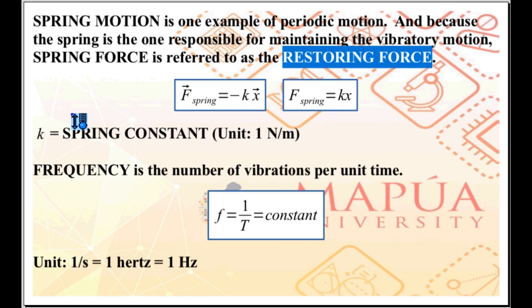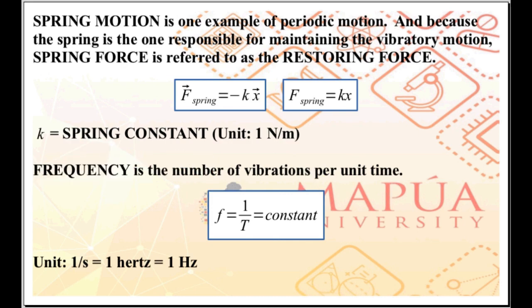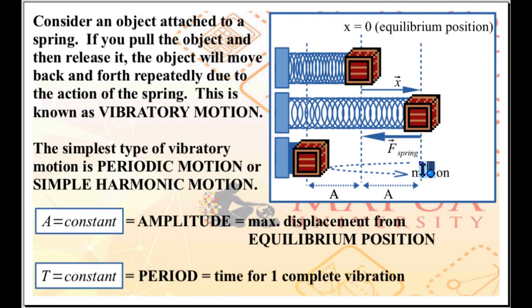In addition to period, we have frequency. Frequency is the number of vibrations per unit time. Going back to the previous slide, if starting from this location, the object moves, then goes back to the original position, that's one vibration.